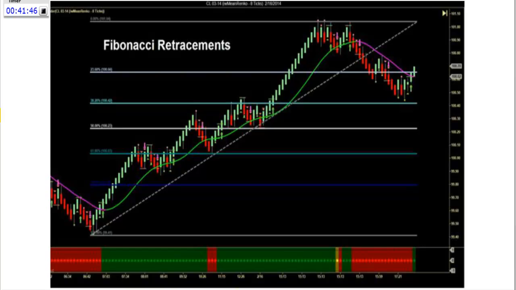Fibonacci retracements, another very popular method of forecasting where the market is likely to find support and resistance areas. Also easy to use, standard with Ninja and just about every charting platform available. The problem I have with Fibonacci retracements is that they too seem to be self-fulfilling.